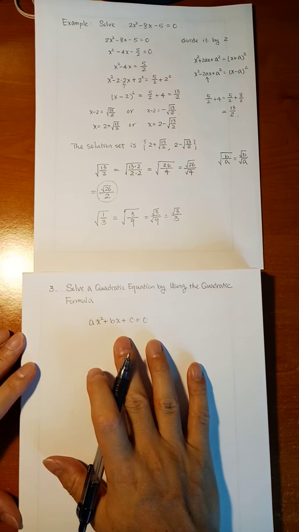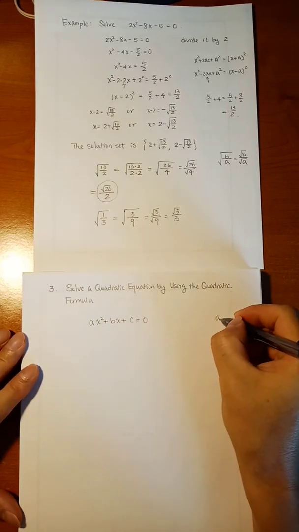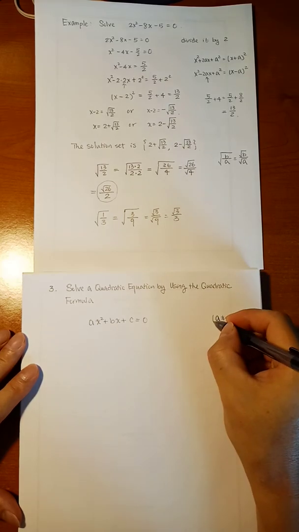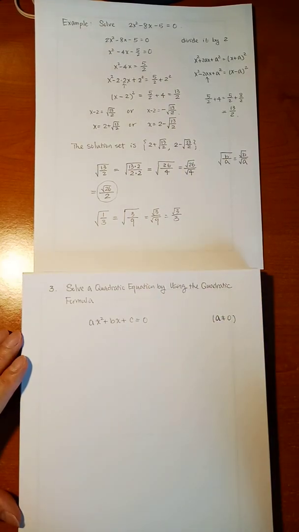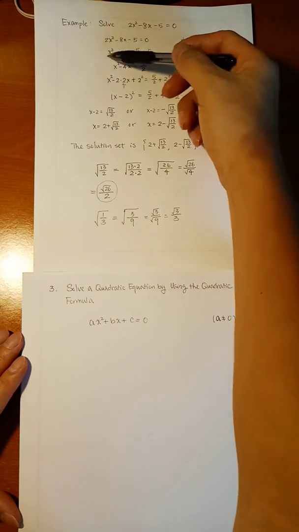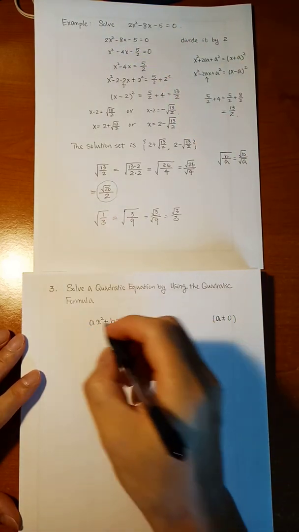We have this standard form quadratic equation, and we always assume this a is not 0. So what did we do? The first step, we divide the equation by the coefficient of x squared. So we divide all the terms by a.